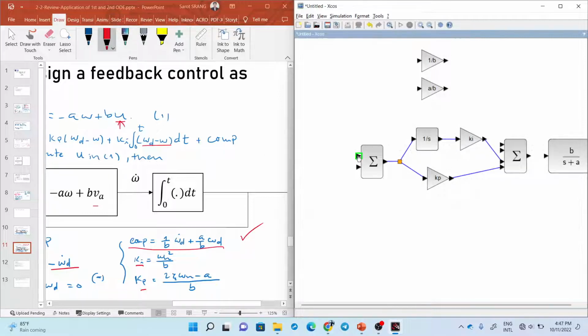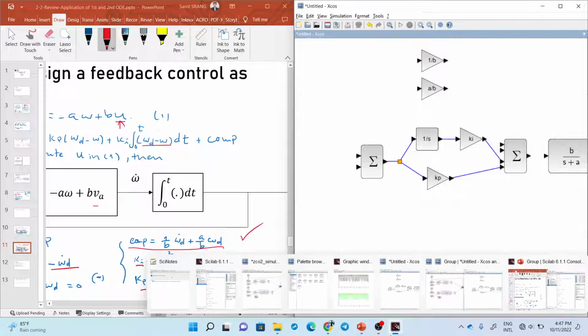So let's say this is omega d, right? Let's say I have a sine function.